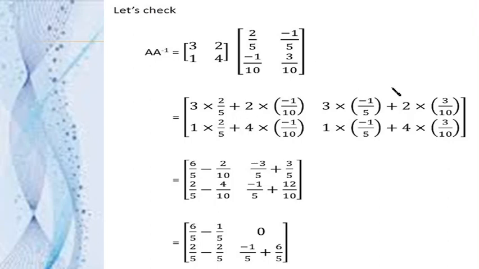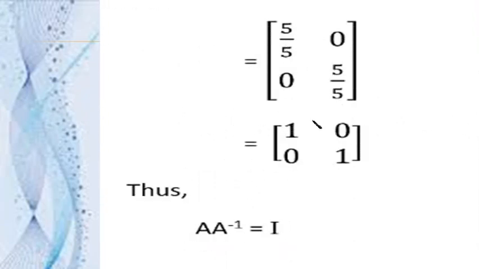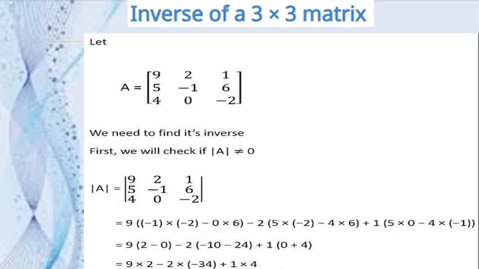Here first row and second column. Here we have second row and first column, and here A22 means second row and second column. We'll find out this sum and simplify, and this is the answer, identity matrix. It means whatever inverse we have calculated is absolutely right.